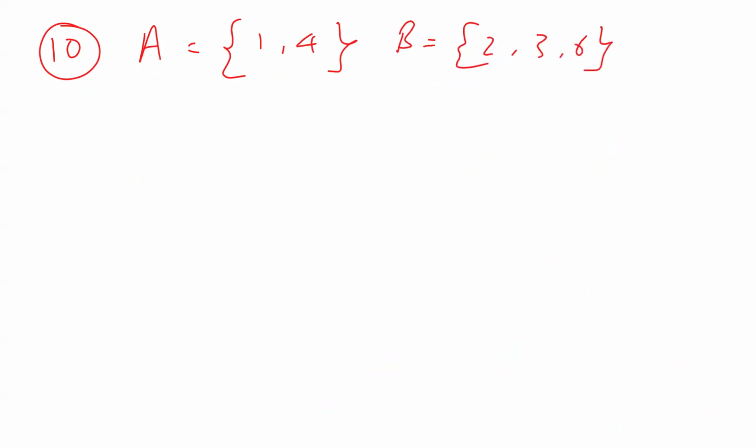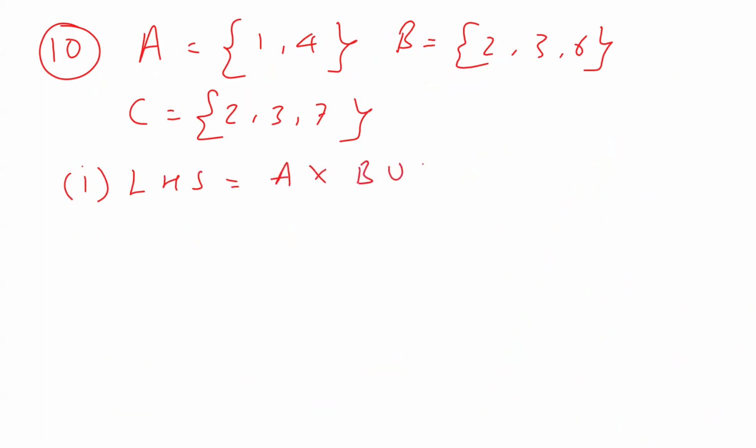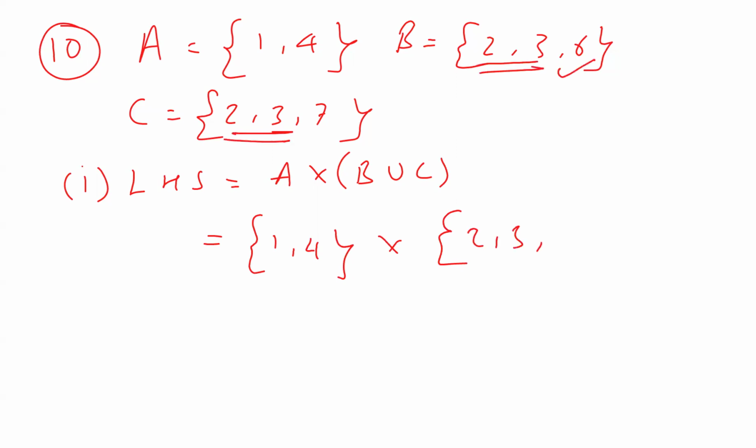Question number 10. Now see, A is 1, comma 4, B is 2, 3, 6, and C is 2, 3, 7. Okay. First part, LHS. A cross B union C. So what is A? A is 1, comma 4, B union C. So it is 2, 3, 6, and 7.